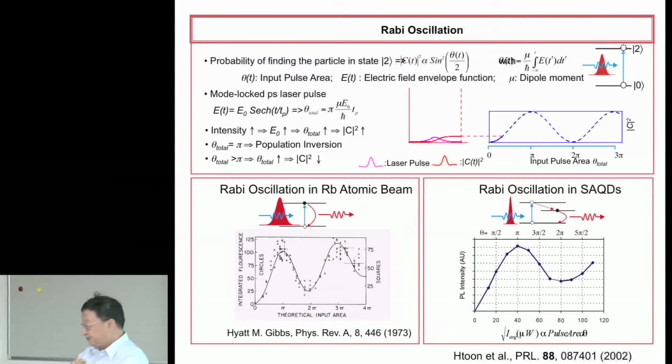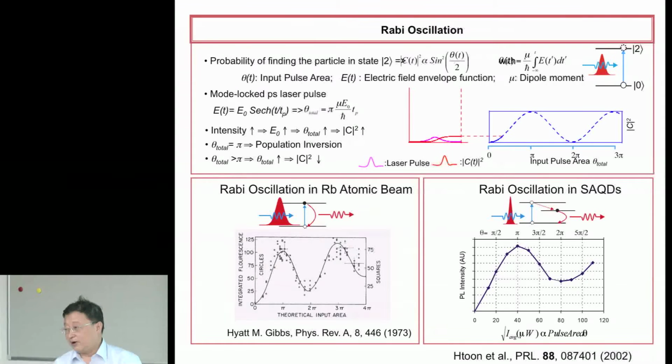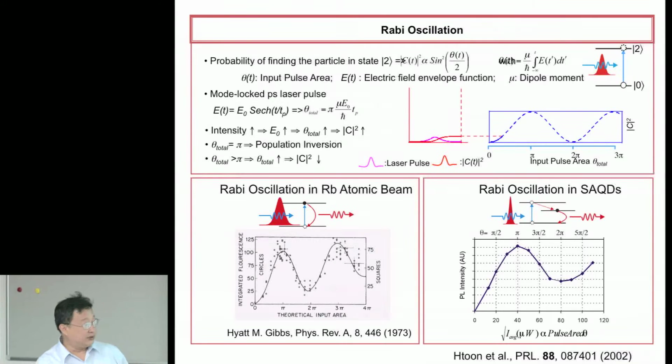And don't underestimate this achievement of observing the Rabi oscillation, because it underlies all the coherent control and all the quantum operations in any kind of quantum algorithm. That is the most basic operation. Then 30 years later, we observed it too using a quantum dot.